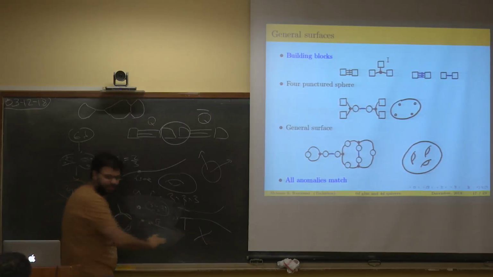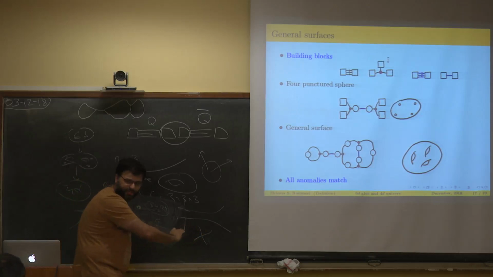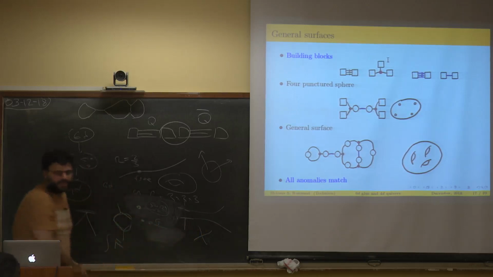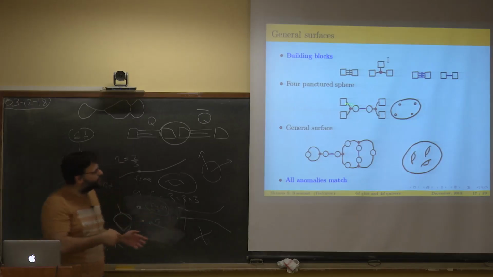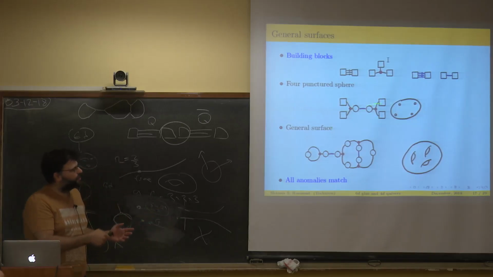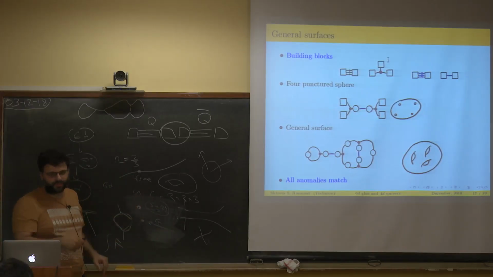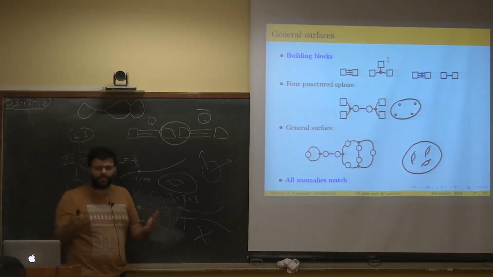That's how you should think about it, not as a combination of three-punctured spheres. Then crossing symmetry for a four-punctured sphere, excellent question. You can check it. It's not trivial, because in the definition, the two pairs come on different footing, and you need to check that there is crossing symmetry. Say if you compute the index, it's not trivial.